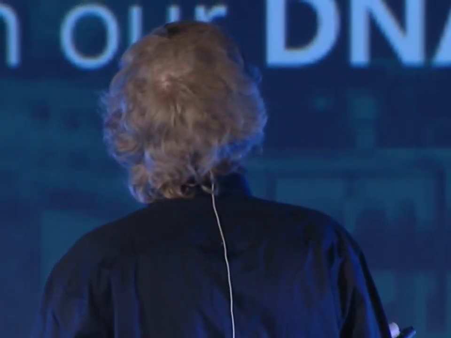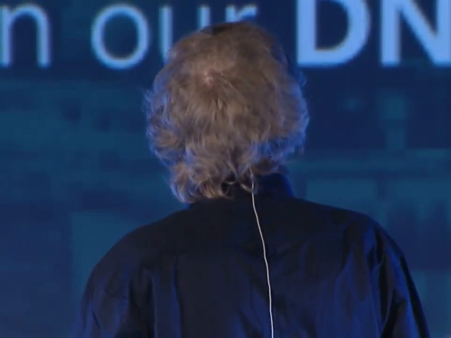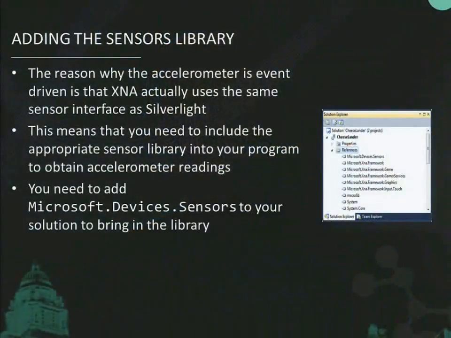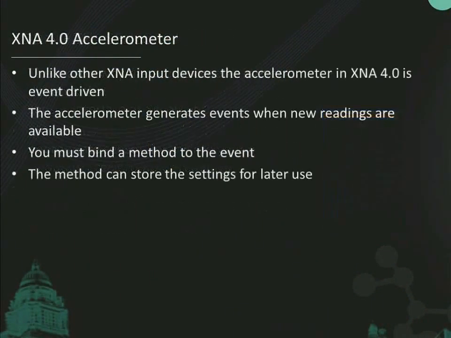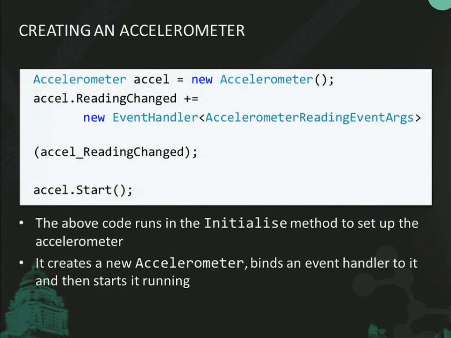And here's the code. We just have to add the sensors device to our project. These are all the other XNA library elements. Then, having done that, I can create myself an accelerometer and bind to the events it produces. There's my accelerometer. When I get a reading changed, I call this method.